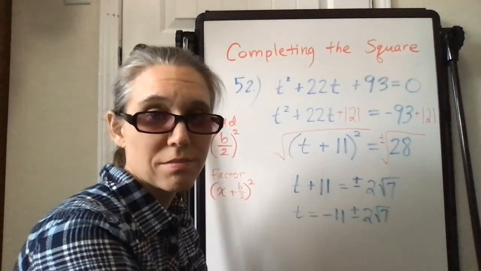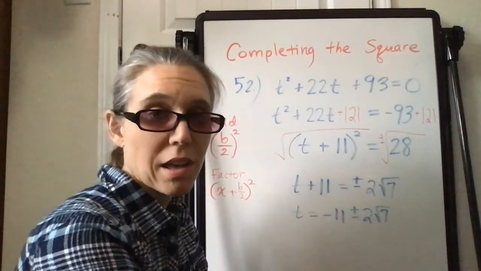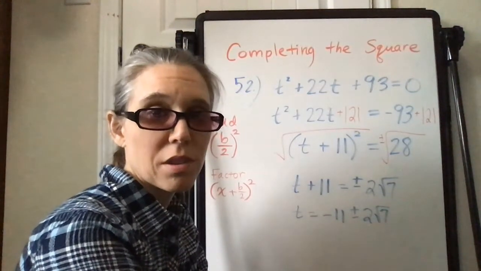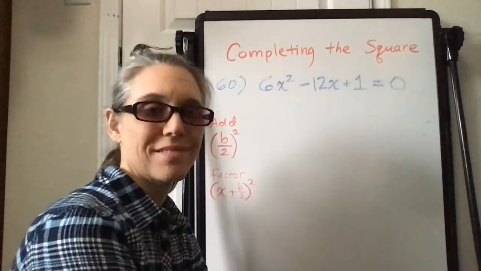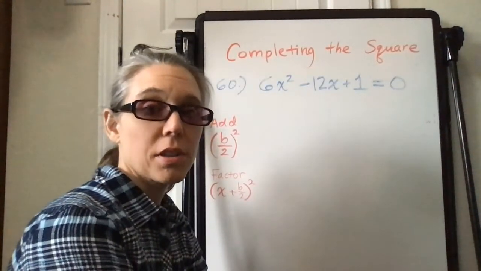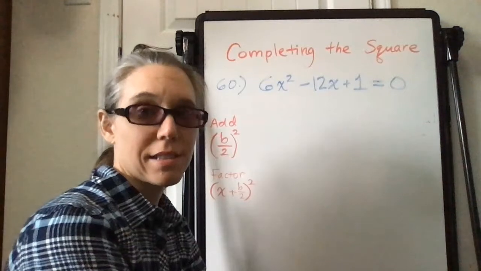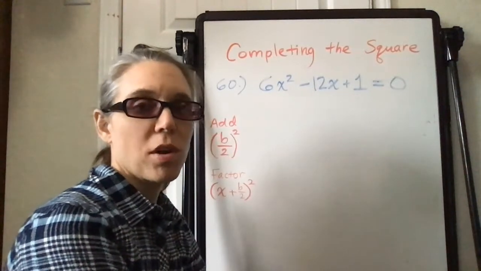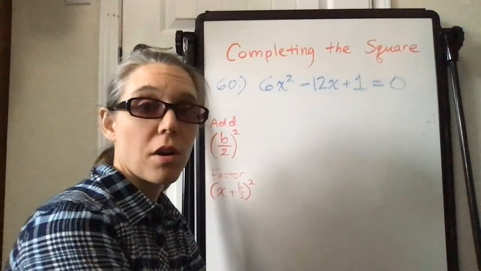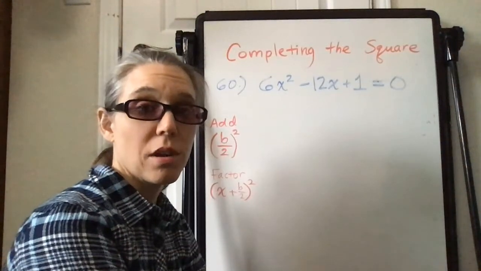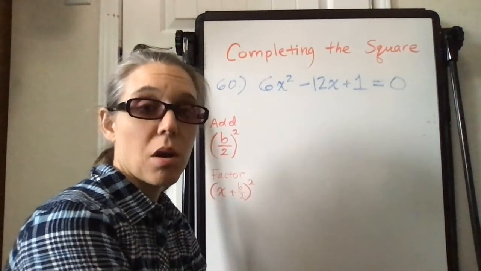That's the solution. One more problem from the book, and then I want to work through some of the examples from the MyOpenMath homework. Now, when I said you need to first identify A, B, and C, you may have been wondering why it's important to identify A. So far, the 2 examples I've shown you have had an A value of 1.